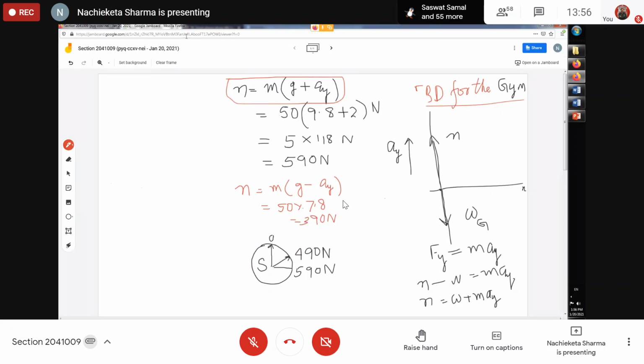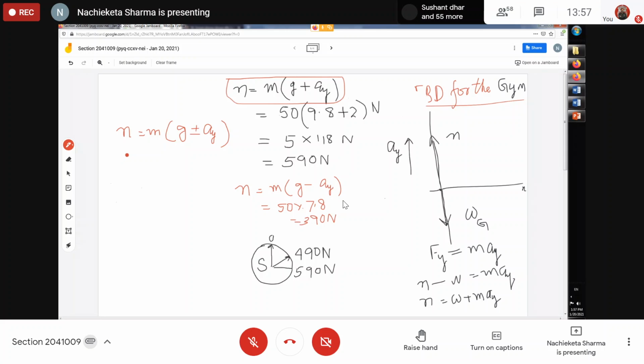So this equation, N is equal to m into g plus or minus a_y, gives an apparent sensation of different weights depending upon the elevator's acceleration. Now a peculiar thing happens when you feel apparent weightlessness, when N will be 0.